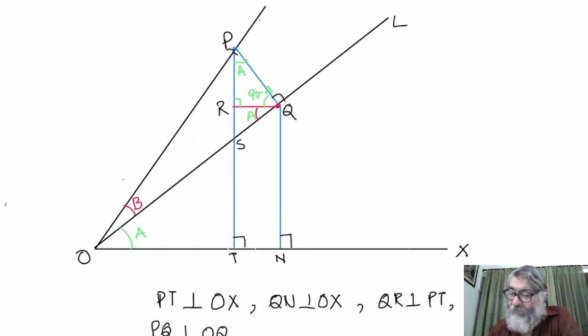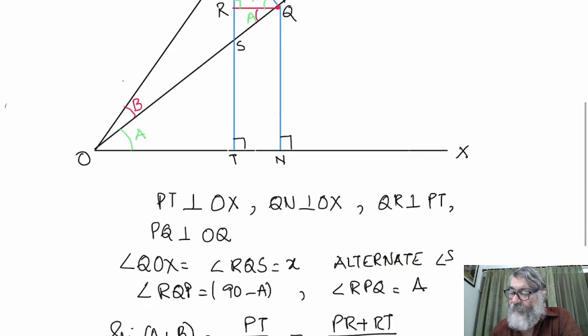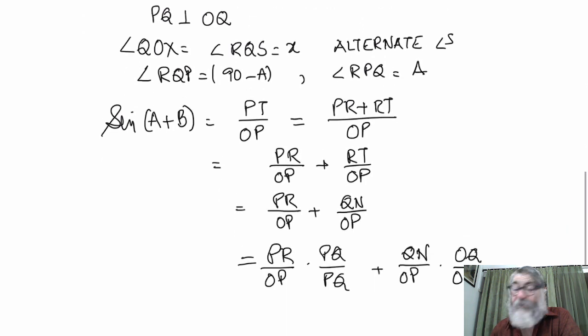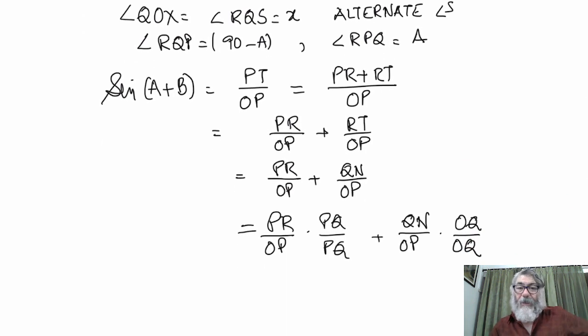But if I take the side OQ, then you will see OQN will become one triangle in which the side QN will be utilized, and OQP will become another triangle in which I can use the side PQ or side OP, whichever is required.